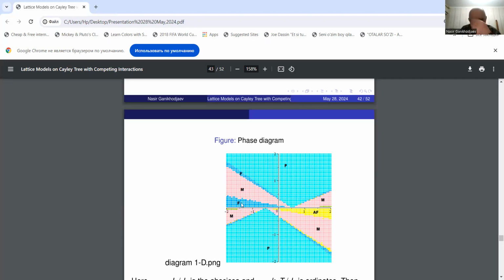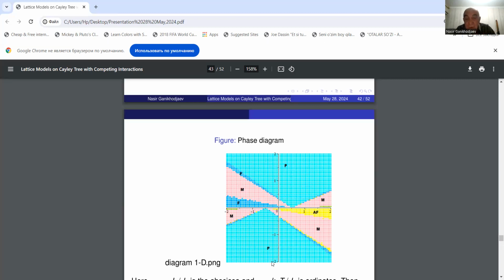For example, for the one-dimensional case, for any boundary configuration we have the same result. Only here, for a positive boundary configuration, we have one limit Gibbs measure, and for a negative one, another Gibbs measure. Only here do I have a phase diagram, a phase transition.